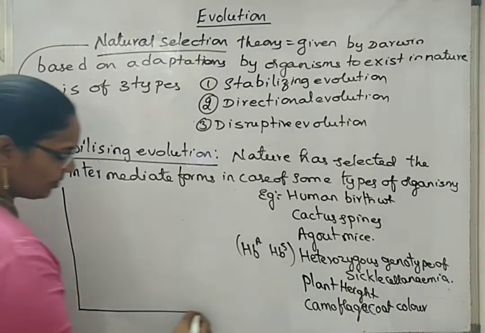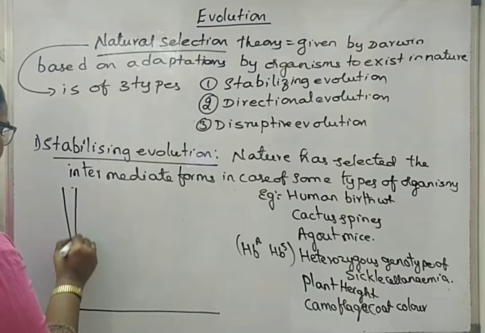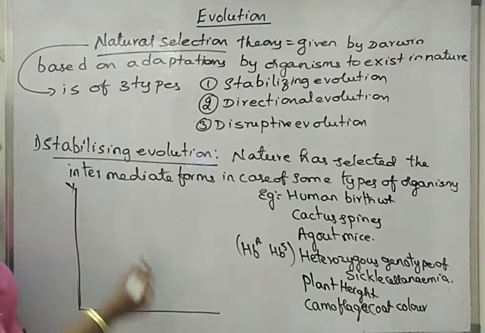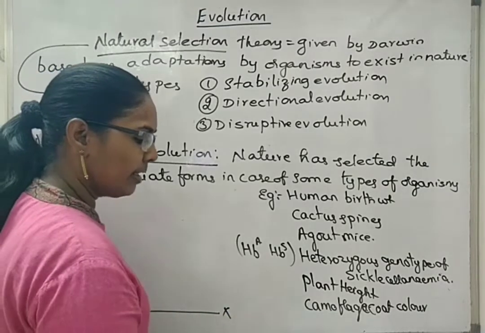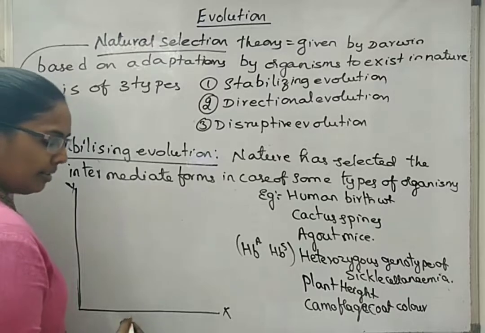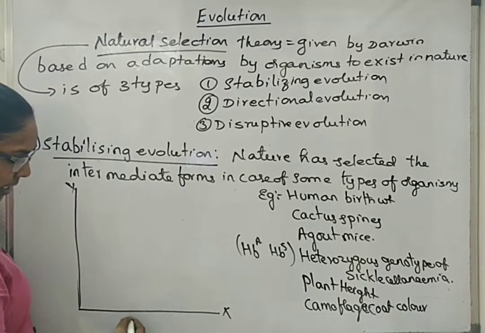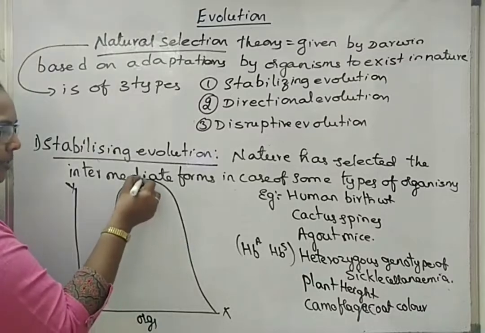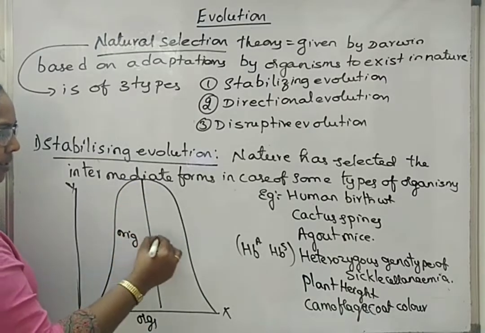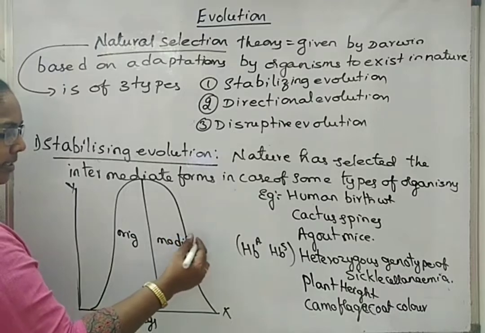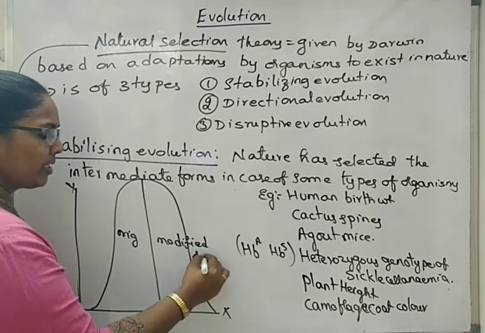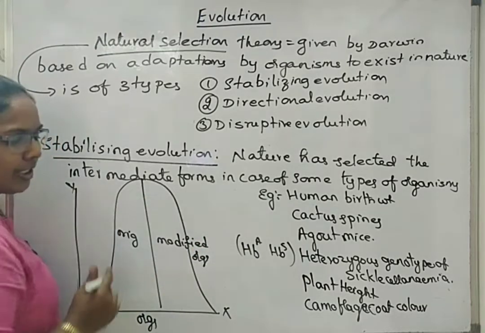If you take a graph and give the y-axis and x-axis, and take the organisms on the x-axis, normally in nature all types of original organisms and modified organisms will exist, based on the time period, food habits, etc. Think that this is the initial graph.